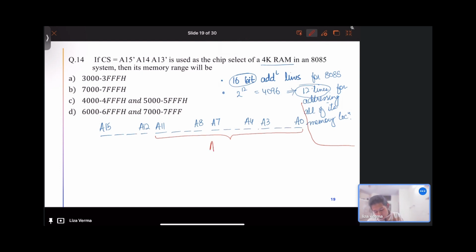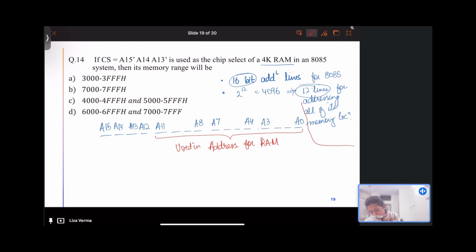So the remaining 4 lines, this is A14, A13.